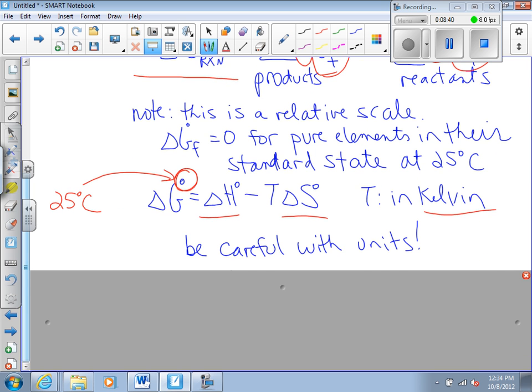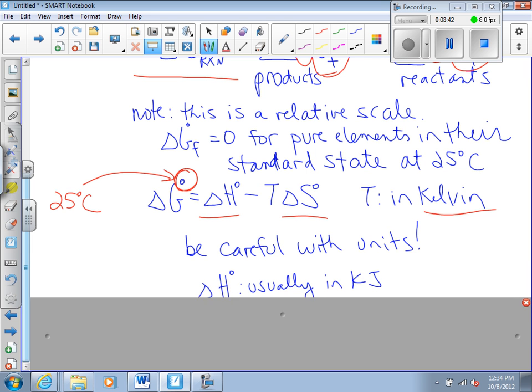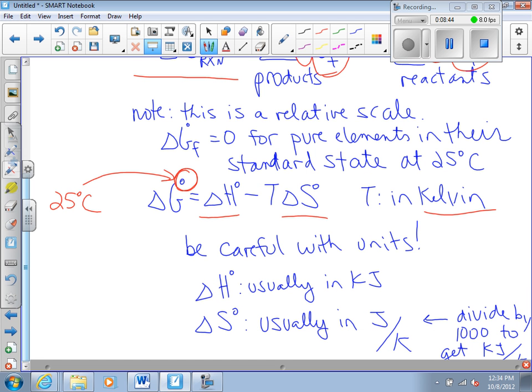You have to be very careful with the units for this particular equation because enthalpy is usually given in kilojoules. Entropy, on the other hand, is usually given in joules per Kelvin. Now note, we have the per Kelvin because we have temperature times delta S. So if there was no per Kelvin in the units for delta S, our units wouldn't cancel out appropriately.